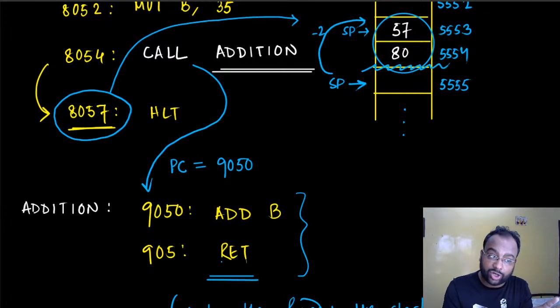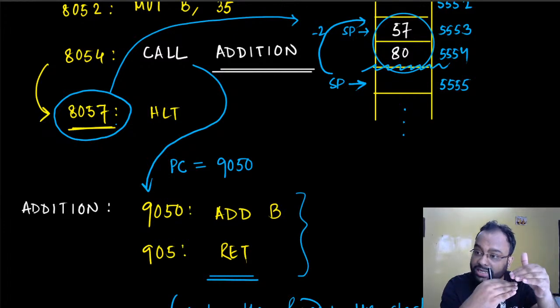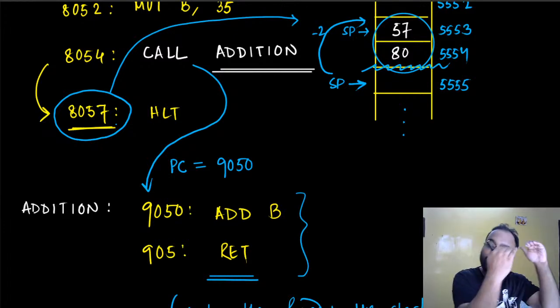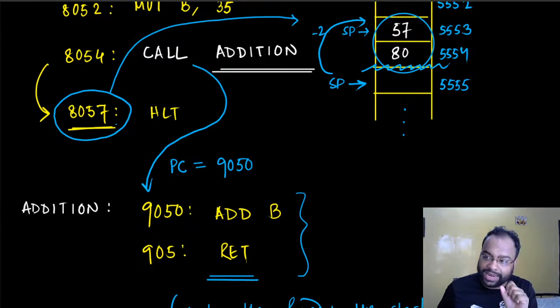After the return instruction, the program counter once again gets the value 8057 so that it can go back to this particular memory location. So it now comes back to the main program. That is possible because the return instruction pops the head of the stack into the program counter. What was in the head of the stack?